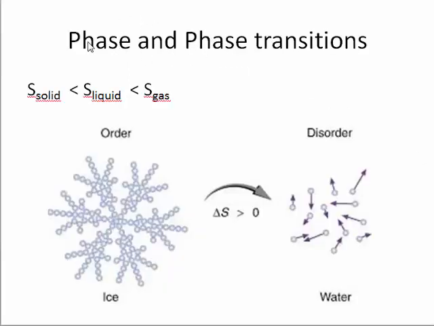There is a relation between physical phase and entropy, and naturally phase transitions have an effect on entropy. In general, the number of positions and energies accessible to the particles in a solid is smaller than it is in a liquid, and smaller than it is in a gas.